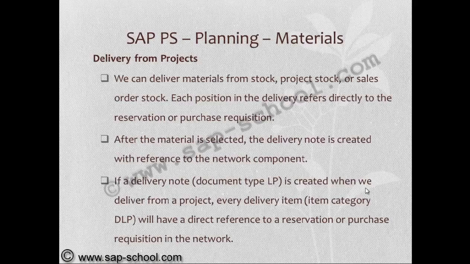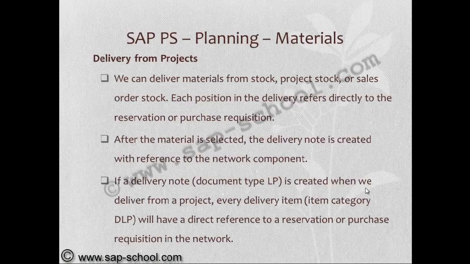After the material is selected, the delivery note is created with a reference to the network component. If a delivery note is created when we deliver from a project, every delivery item will have a direct reference to a reservation or purchase requisition in the network.